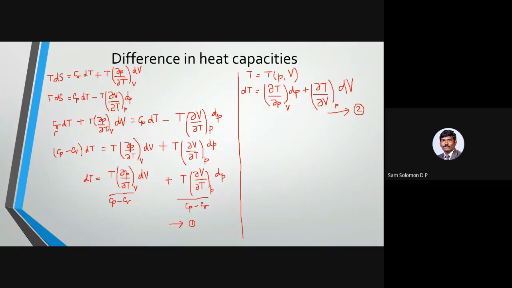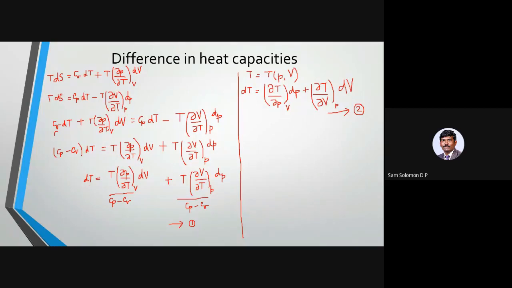The same happens here. So if you equate it, you can also equate the coefficient of that term. Okay, so the coefficient of dV, you can equate it on both sides.